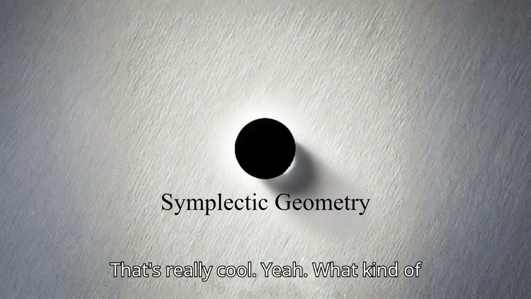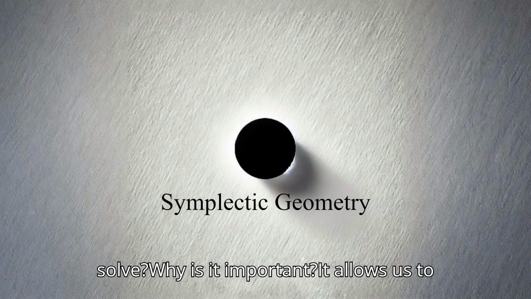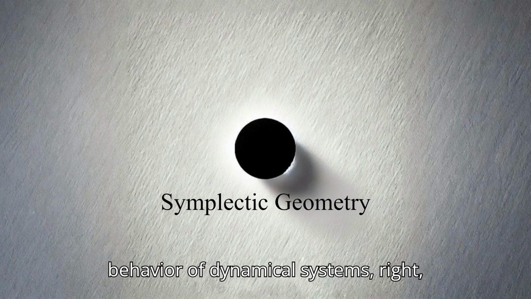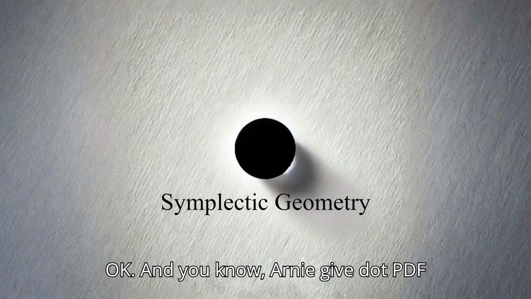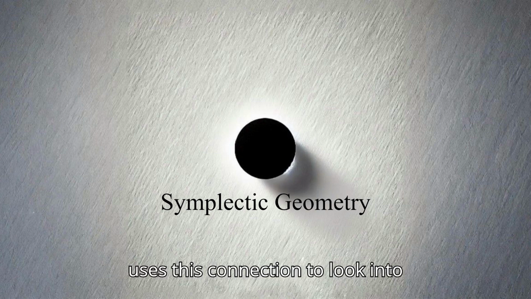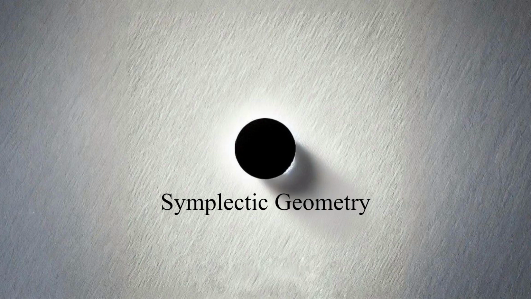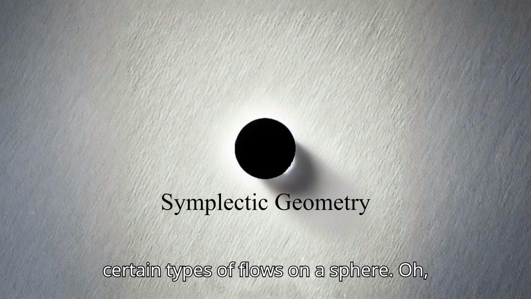That's really cool. What kind of problems does this connection help us to solve? Why is it important? It allows us to tackle those big questions about the behavior of dynamical systems, which are systems that change over time. And Arnold-Givental.pdf uses this connection to look into something called the Seifert conjecture. It's basically a question about whether certain types of flows on a sphere must eventually repeat themselves.